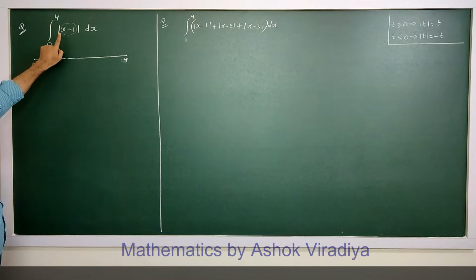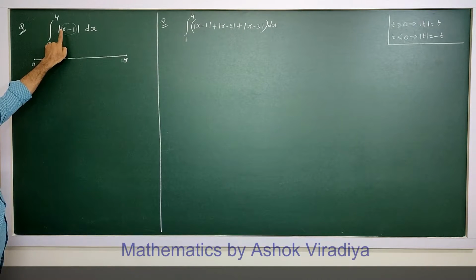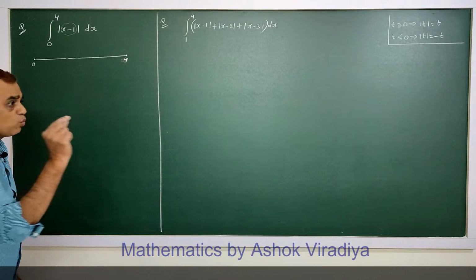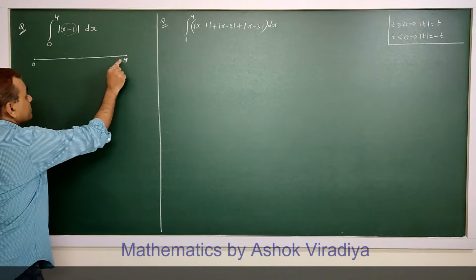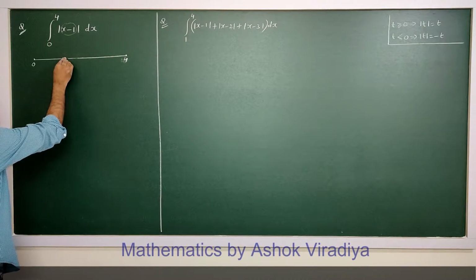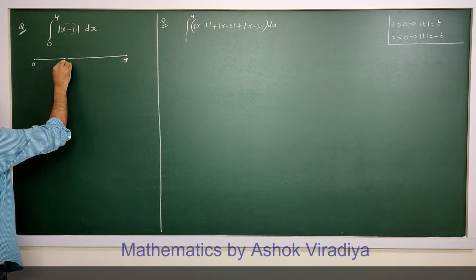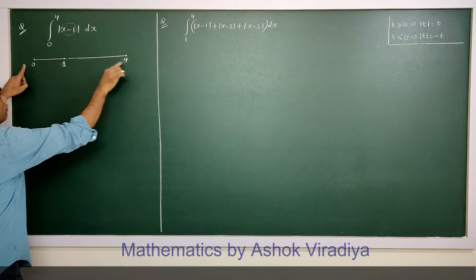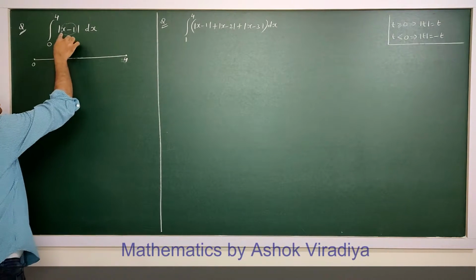So it is clear that if we take x equal to 1, this will be 0. So put 1 in this interval. See, 1 is somewhere here. 1 belongs to 0 to 4. So at x equal to 1 this is 0.